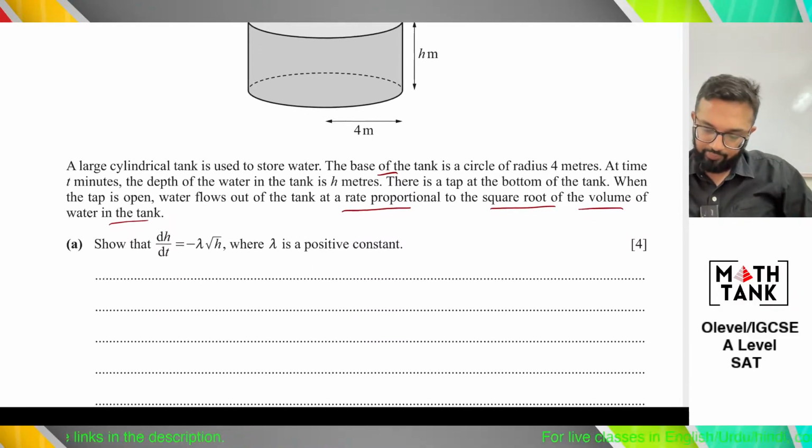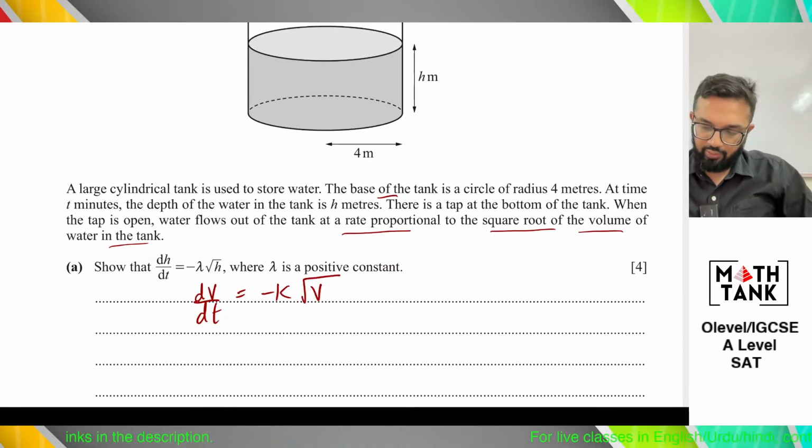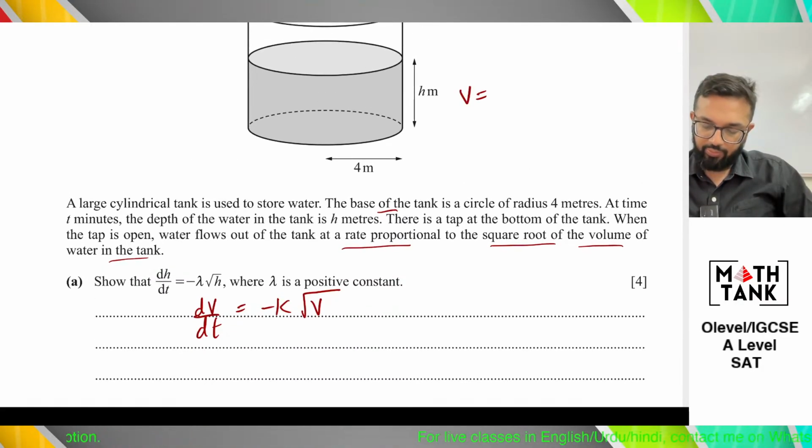So dV over dt is proportional to the square root of the volume of the tank. Okay, so what is the volume? Volume is pi r square h.